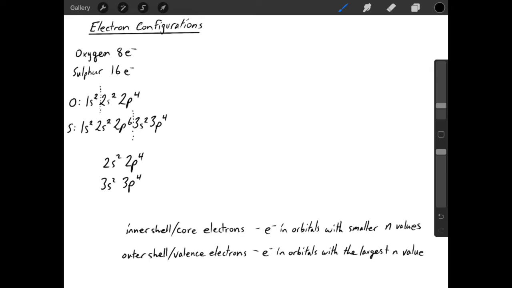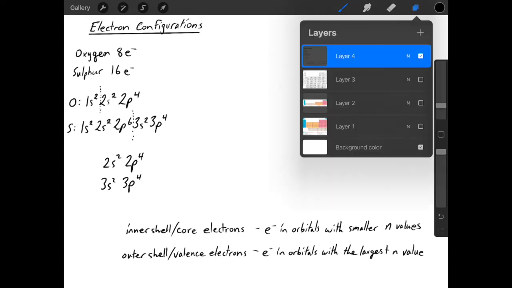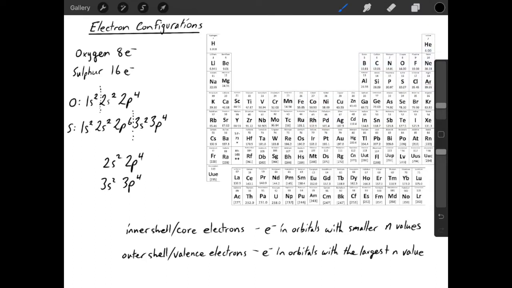If you look at the periodic table, you'll find out that oxygen and sulfur have a lot in common. Both of them are in the same group, which means they're going to have similar bonding, similar chemical properties, and things like that. And it turns out that the valence electrons are the ones that are involved in the bonding, and they typically dictate the behavior of those atoms.